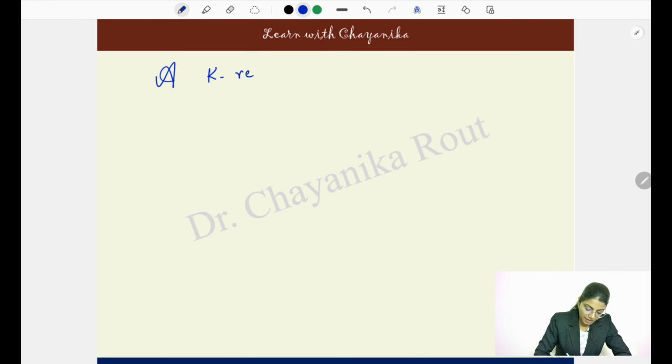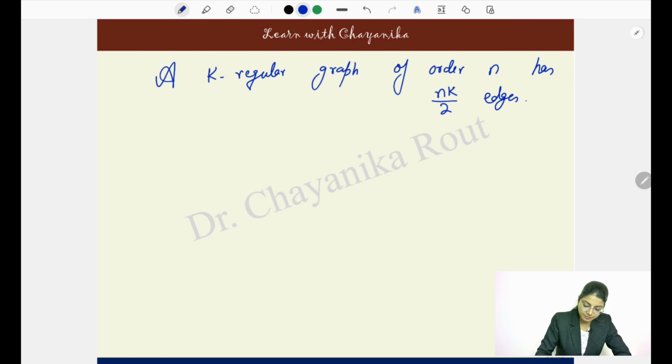Now we can alternatively solve the same problem with the help of a corollary that we have studied today. We have studied today that a k regular graph with n vertices has nk by 2 edges. So we could have used that result directly to obtain the solution. In this case we have been given a 3 regular graph, so k is 3, order of the graph is given as 8, so n is 8.